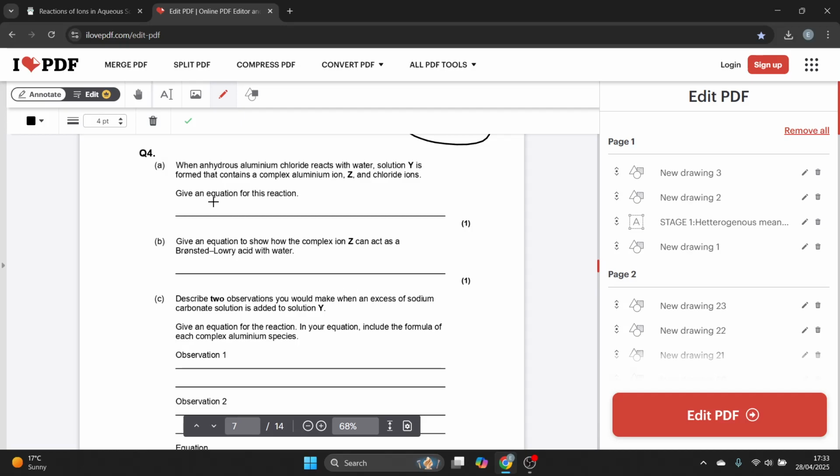So let's draw our aluminium chloride, AlCl3, plus H2O. When this reacts with water, well, what is H2O?